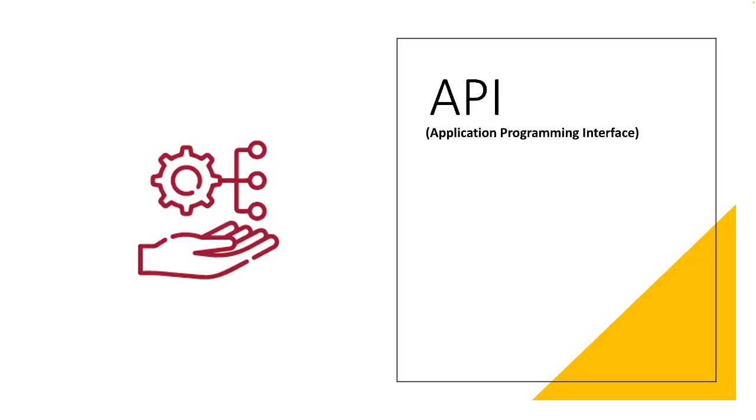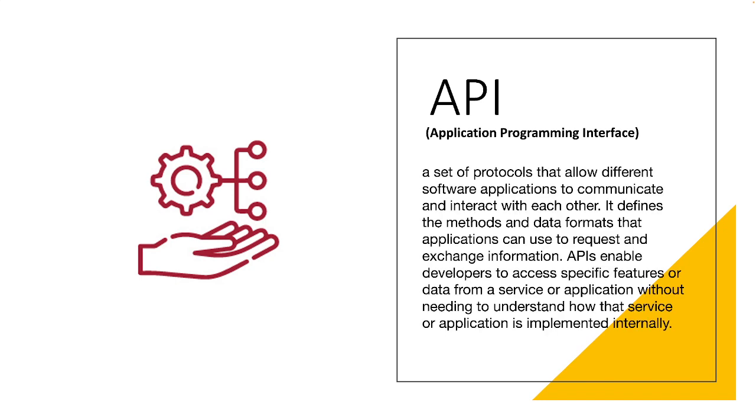Now let's talk about the API. What exactly is an API? An API is an application programming interface. It's basically a set of protocols that allows different software applications to communicate and interact with each other. It defines the methods and data formats that applications can use to request and exchange information.